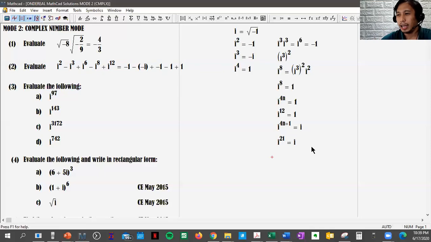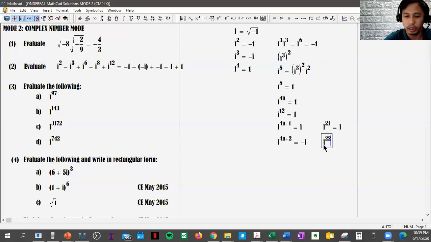Ganun yan. And if this becomes raised to the power of 4n plus 2, that means 2 more than a number which is a multiple of 4, then its result is equal to what? What do you think is its result? Its result is equal to -i. Okay, this is always equal to -i. For example, i raised to 22.